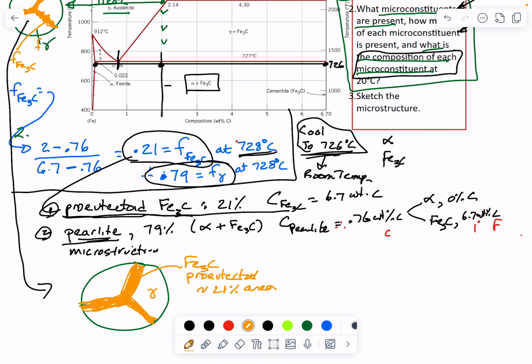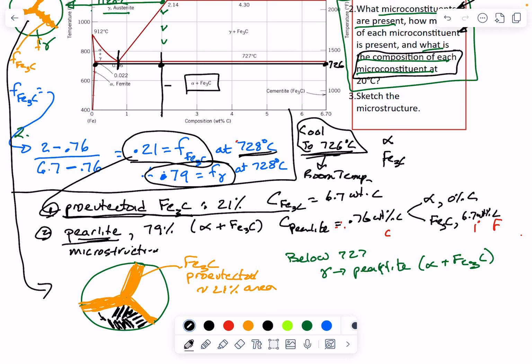And now, right above 727, this stuff was gamma. But as we cool down below 727, the gamma turns into pearlite, right? It turns into this microstructure called pearlite, which is alpha and Fe3C, the fine grain microstructure. And so we can draw that. I'm going to draw that by writing little tiny plates of, I don't know, I guess I'm drawing alpha, and then we'll make the white stuff be the cementite.